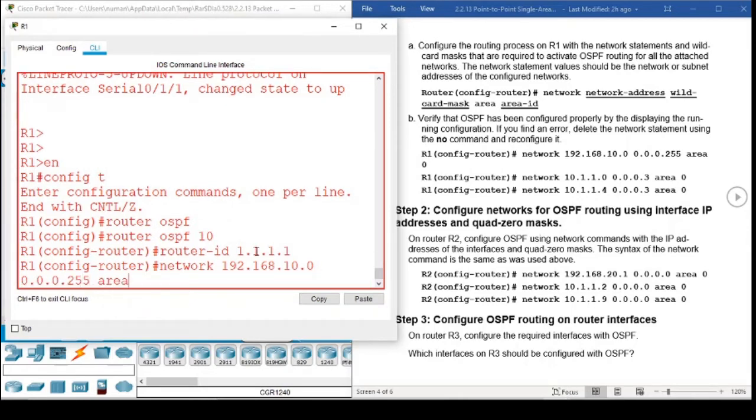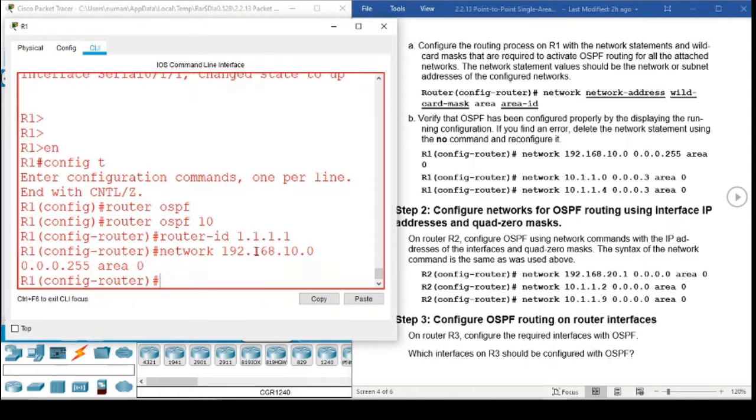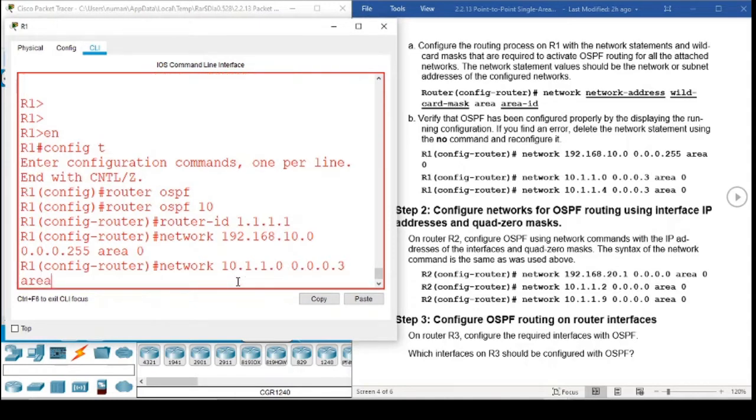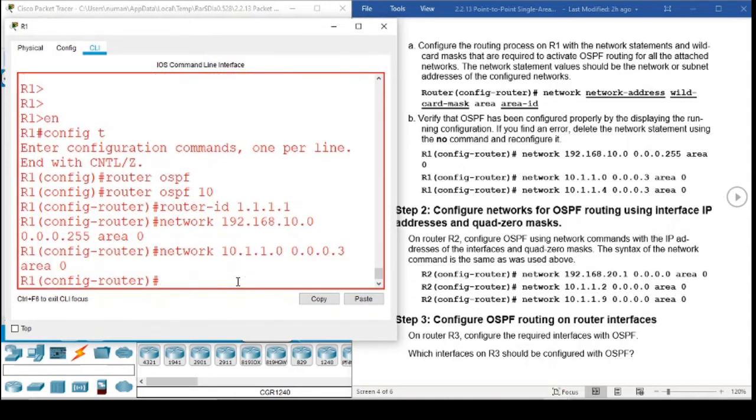Then the area, because we are configuring OSPF version 2 for a single area, so the area should be 0. So this is one network we configured, and the command is also mentioned here. Now we also have to configure the two wide area networks, 10.1.1.0 with 0.0.0.3, and the area should be again 0 because it's a single area OSPF configuration.